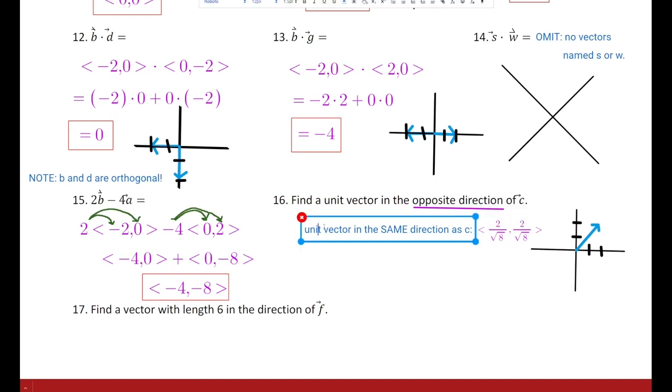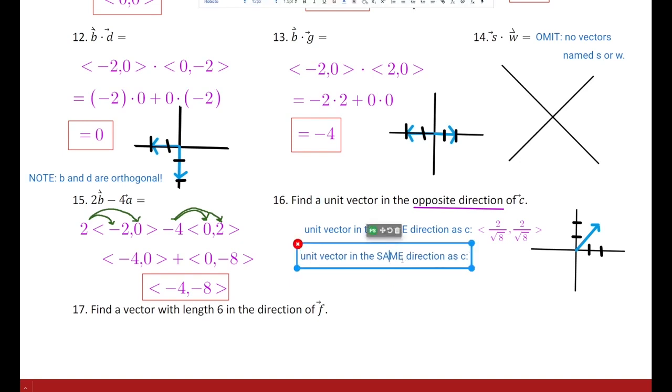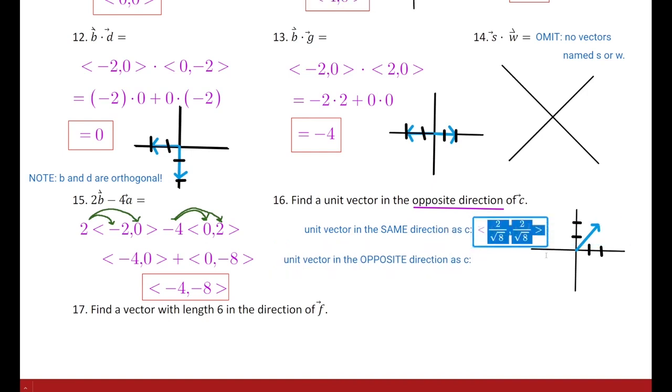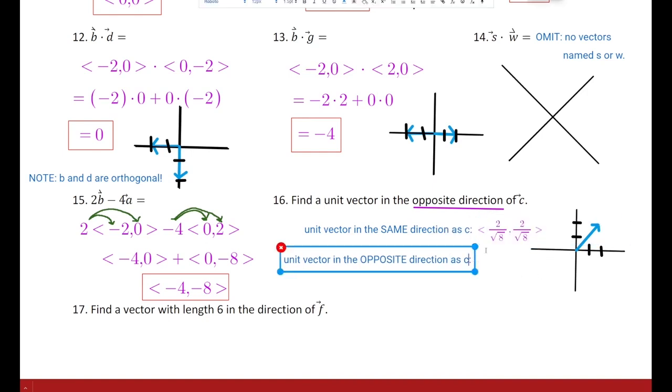So to get the unit vector in the opposite direction, we're going to have negative 2 over root 8, comma, negative 2 over root 8.